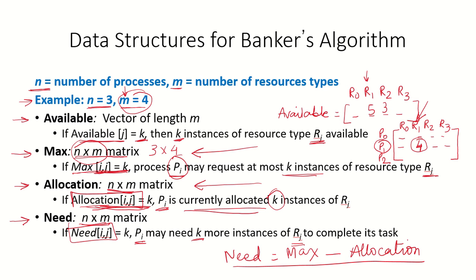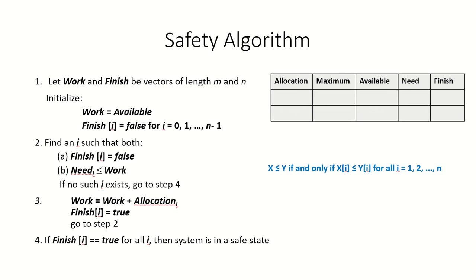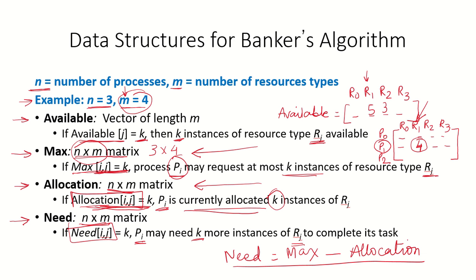Now we will see how the system checks whether it is in a safe state or not. So what is the safety algorithm? Here we will have Work and Finish vectors, of length m and n. Work corresponds to the resources and Finish corresponds to the processes. Work we initialize to be equal to Available. We have seen that Available is a vector of length m which shows how many resources are currently available in the system.